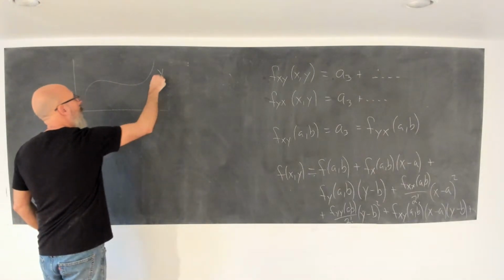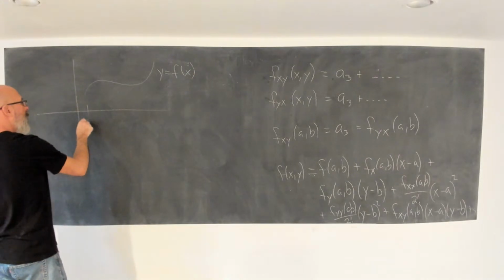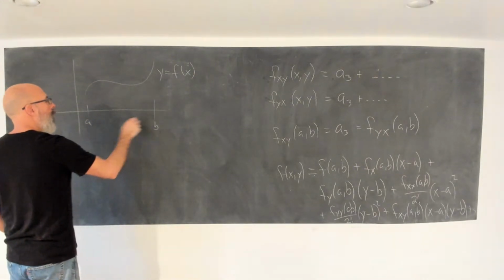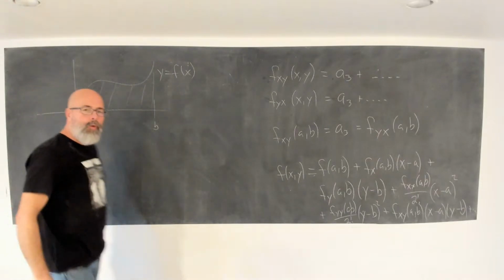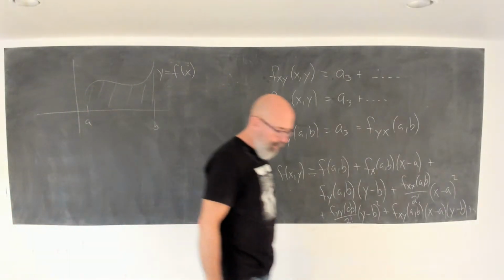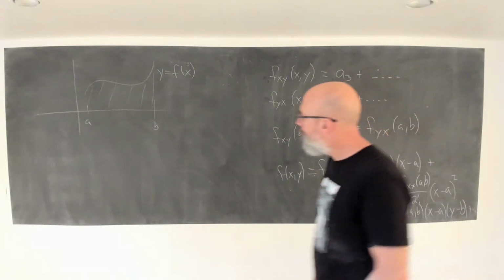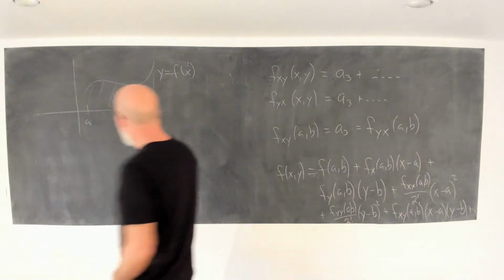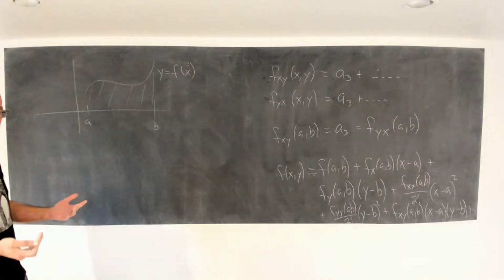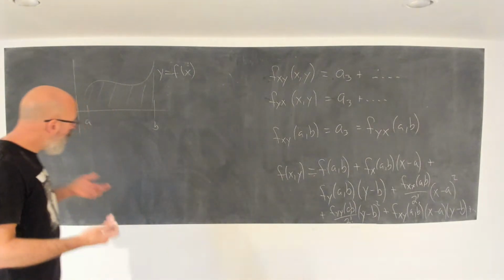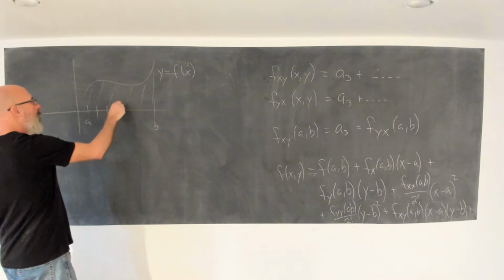So if you remember from last semester, given a function of one variable, we were looking for the area underneath the graph. This is assuming your function is positive, of course. And how did we do that? We started by approximating the area under the graph by partitioning your interval into a few pieces.